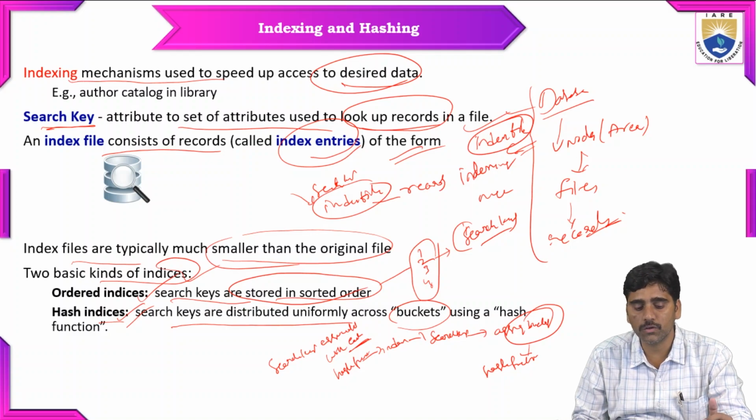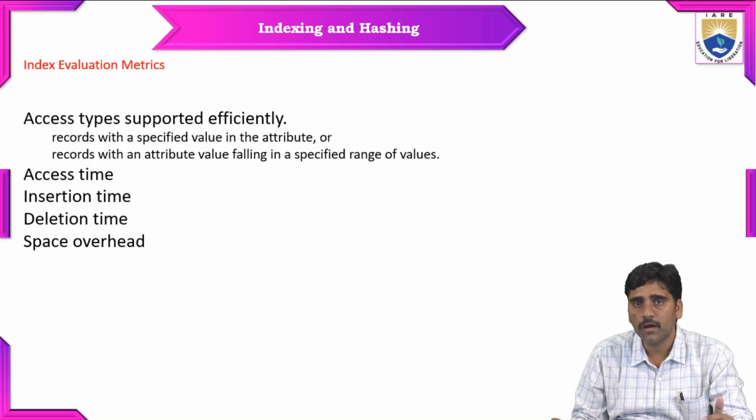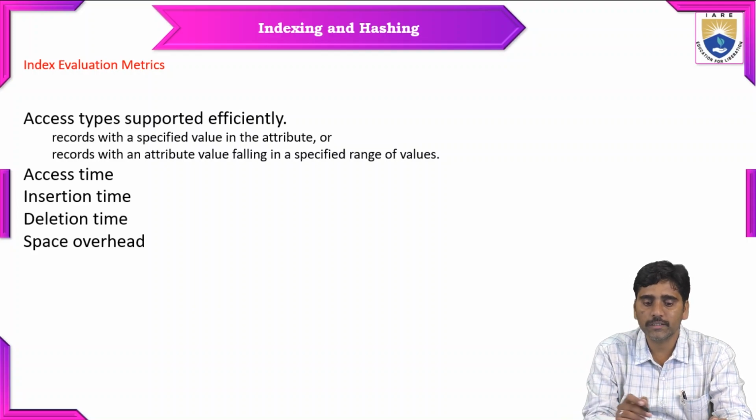Those are the two kinds of indices available to speed up the accessing of data. Now, on what metrics does an index actually perform? How can we evaluate an index? We call these index evaluation metrics.